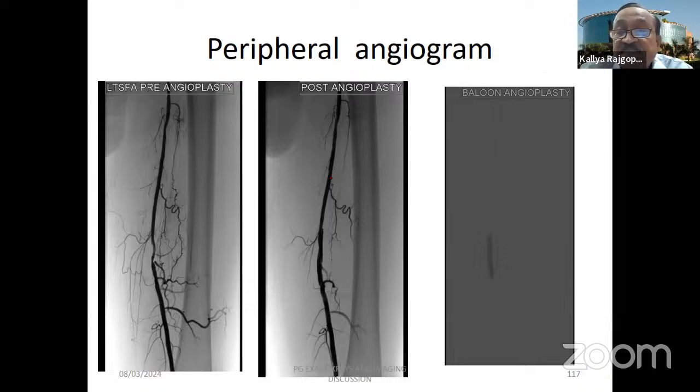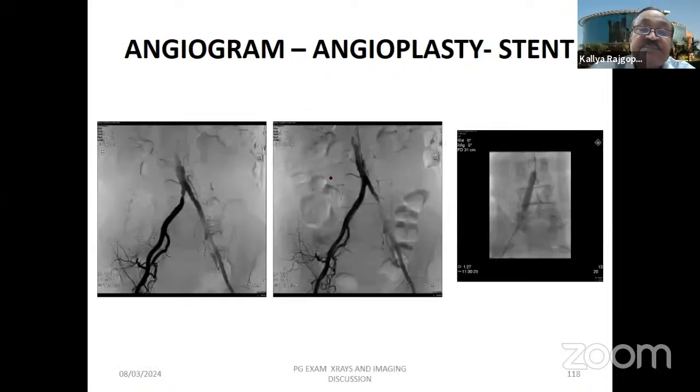In every case of peripheral arterial occlusive disease, the angiogram is done, whether you will do a surgical bypass, an infrainguinal bypass, or even infrapopliteal revascularization, to the extent of 2 to 3 millimeter pedal arteries also. So balloon angioplasties are done. Peripheral angiogram, one should know in detail at a postgraduate level.